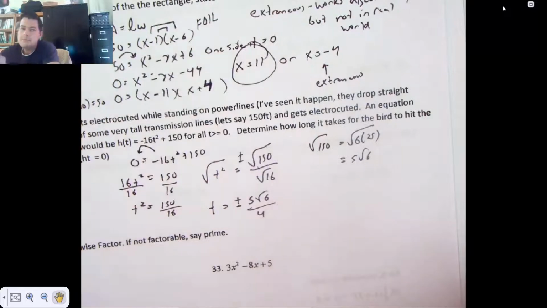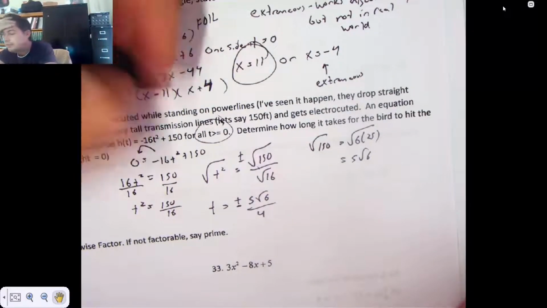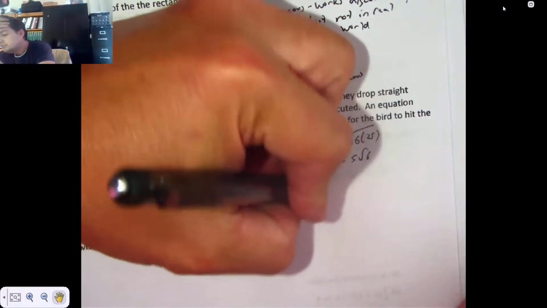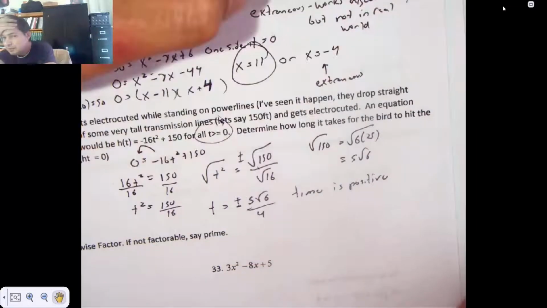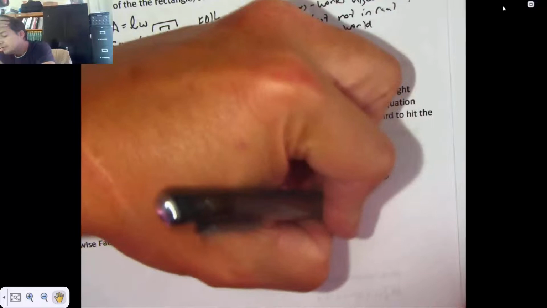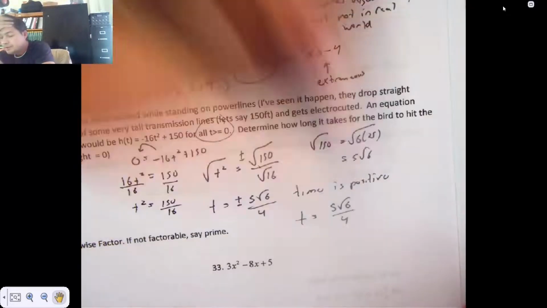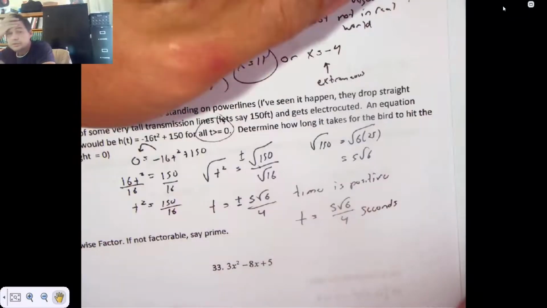Now, one of those times is valid. It's right here. Time has to be positive. No such thing as negative time. All right? So the only valid time is 5 root 6 over 4. Yeah, I guess this is what, seconds? Which is a meaningless number.